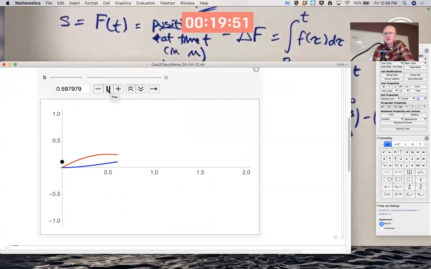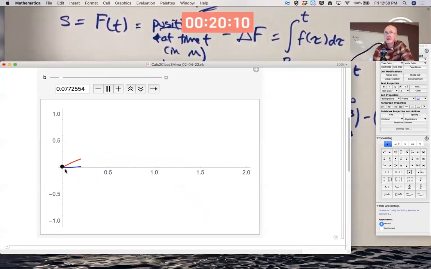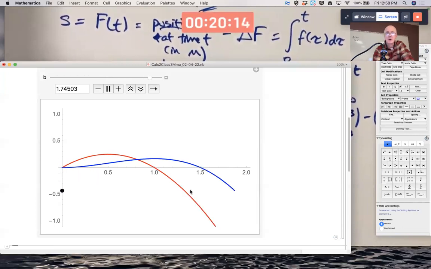Which graph, red or blue, is the position? The blue one, yeah. The second coordinate of the blue graph at any moment in time gives you the height, the position of the black dot. Blue is capital F. Red is little f. Red was the original velocity function, t minus t squared.